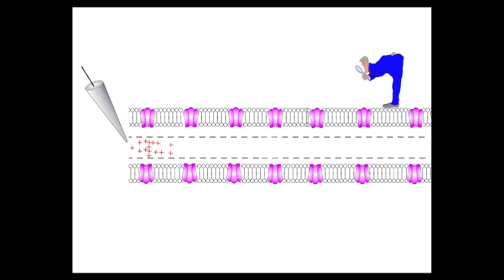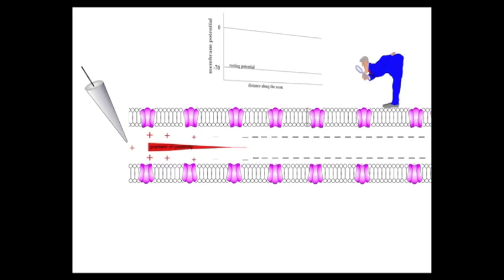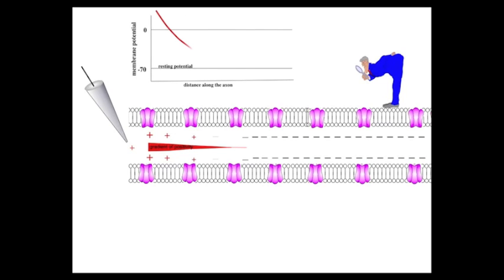Well, what happens is the positive charges, of course, are attracted to the negative charges on the inside of the membrane, and most stay closest to the electrode because they follow the path of least resistance, but some of them migrate down to negative charges along the membrane and negate them. And what this does then is it creates a gradient of positivity. And I can view that as a change in membrane potential along the axon.